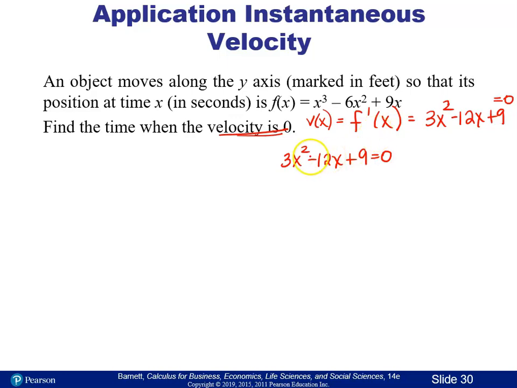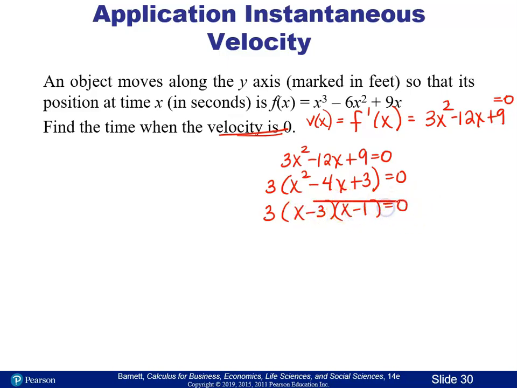Okay, so what we need to do is to solve this quadratic, and this one's actually factorable. If I take a 3 out, it's going to leave me with x squared minus 4x plus 3. And then when I factor this further, I need the numbers that multiply to give me 3 and add to give me 4. So that would be minus 3 and minus 1.